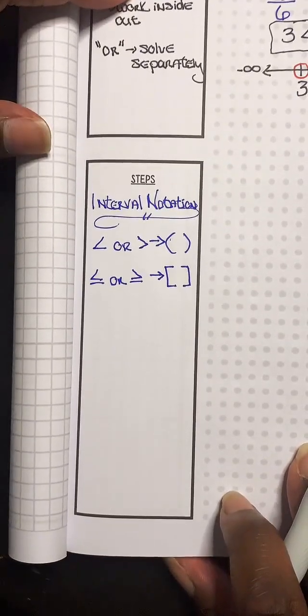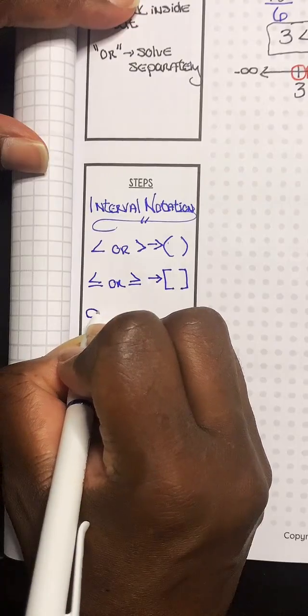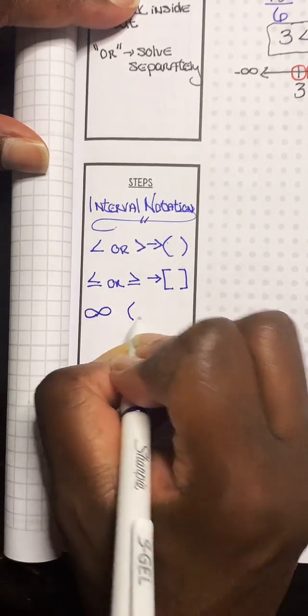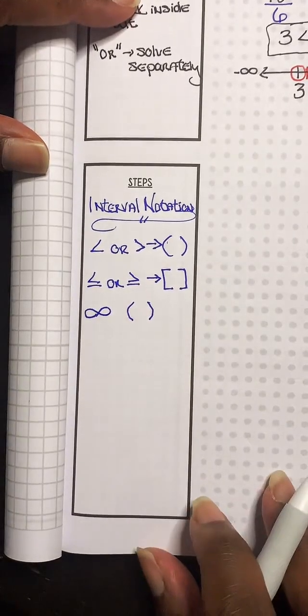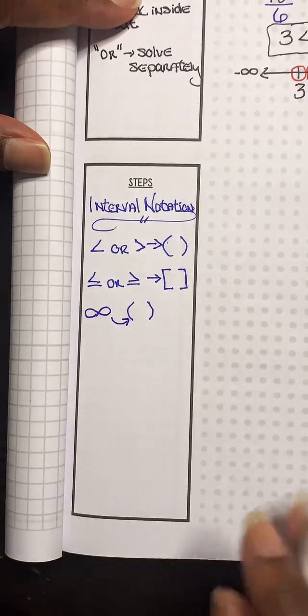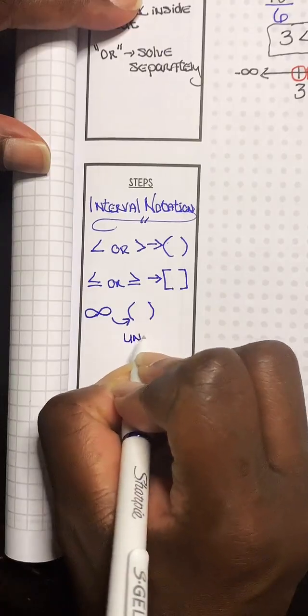Now, both of the numbers don't have to match. And if your answer is ever an infinity, infinity always gets parentheses, regardless if it's a positive infinity or a negative infinity. Okay, so parentheses mean unbounded.